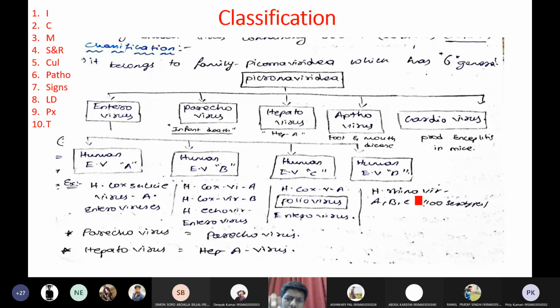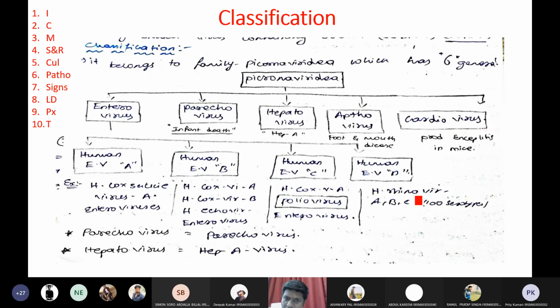So if you are going for open defecation, say for example, we have a polio patient, and this polio patient is going for open defecation at the side of a river. The stool is dissolved in the nearby water, and this water is drunk by someone.